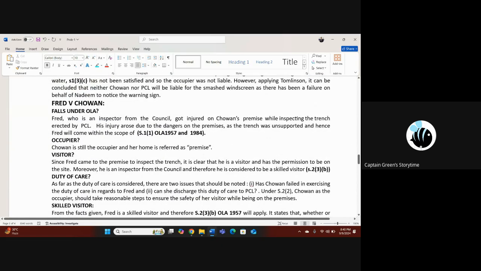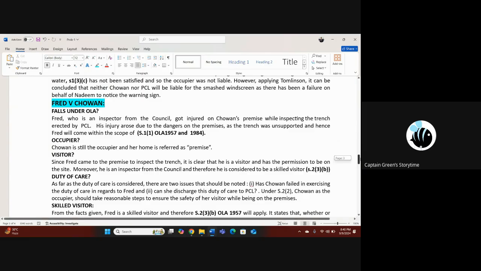Whether Fred falls under OLA, yes, he falls under OLA just because the injuries caused to him were due to the state of premises. The second question is that Chauhan was the occupier. Thirdly, Fred had an implied permission just because he was a skilled visitor and an inspector from the council, so he amounts to be a visitor.